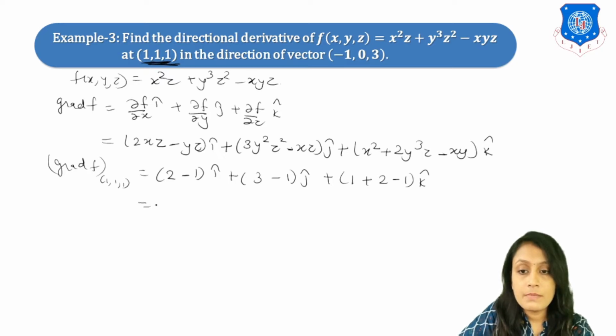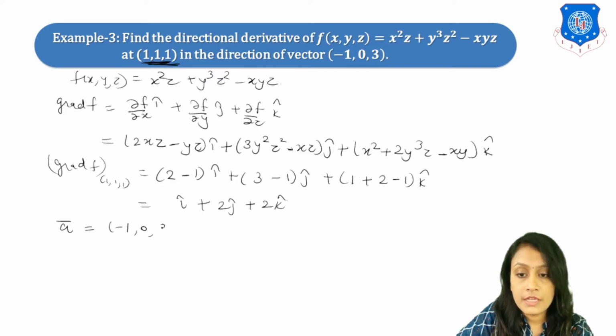Now just simplify this. So this is i plus 2j plus 2k. This is your gradient of phi at the particular point 1 1 1. Now the direction is given over here, that is minus 1 0 3, so we can write this as minus i plus 0j plus 3k.